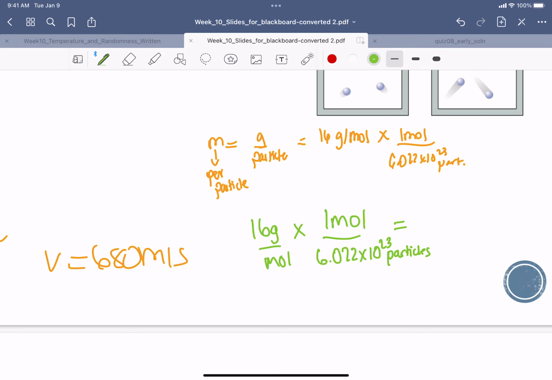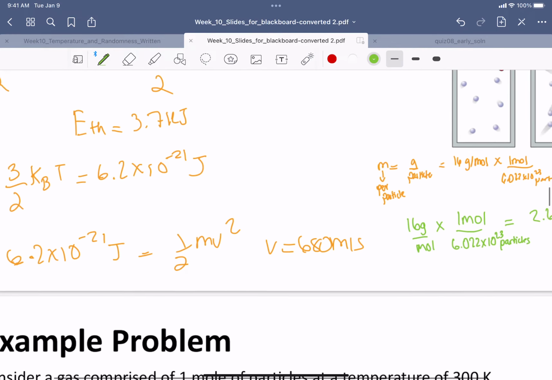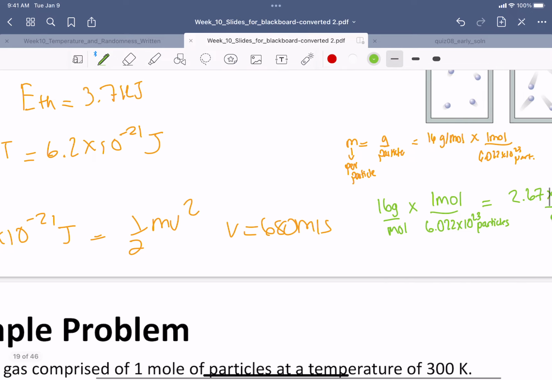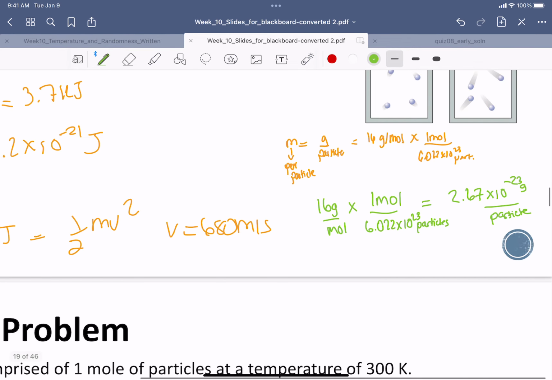If I divide 16 by 6.022 times 10 to the 23rd, I should get 2.67 times 10 to the negative 23 grams per particle. If I plug that into the equation, I think I should get the speed that I had here. Let me check it real quick.